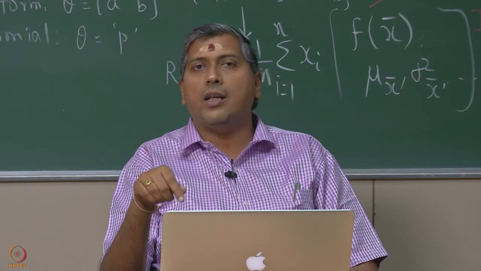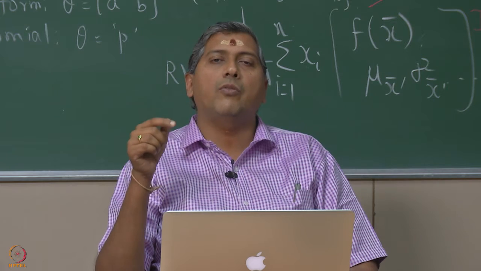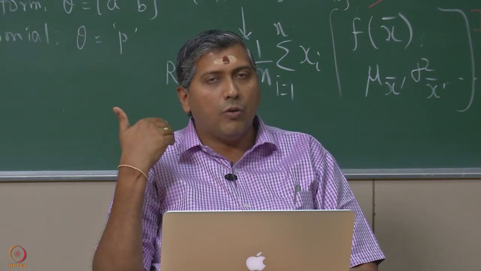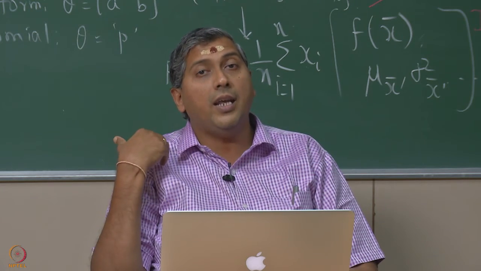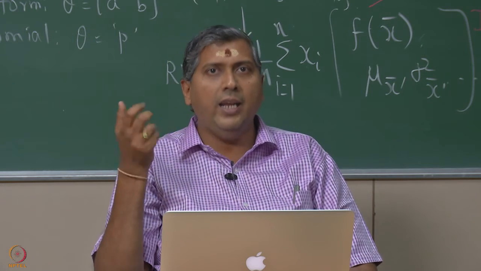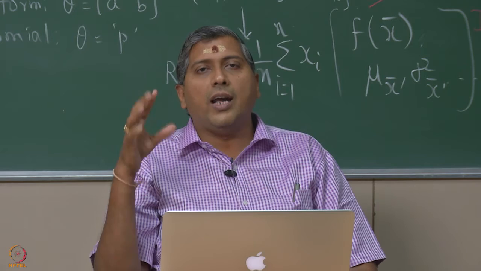Now from the second data record I construct another estimate, that is I have x bar from first experiment for example, x bar from second experiment, and likewise think of this as a thought process where I am conducting infinite experiments, I am repeating this again and again and again. Then for each data record I have an estimate.